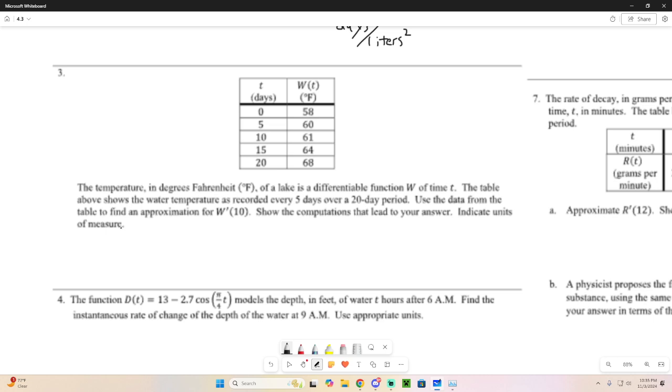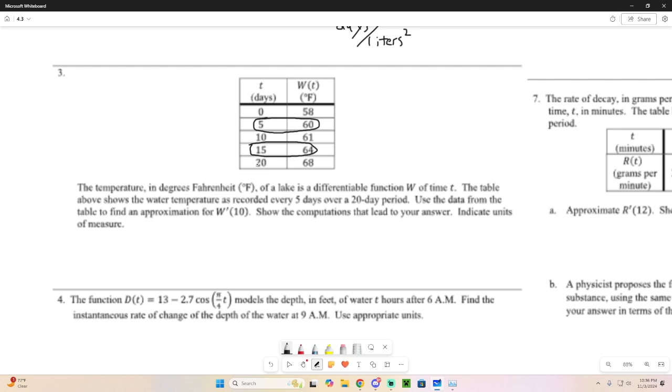Okay, so for this question, we need to find the rate of change at 10. To estimate that, we can just take two points around 10 and find the slope between them, and that will give us a good estimate for the exact instantaneous rate of change at 10, which is W prime of 10.